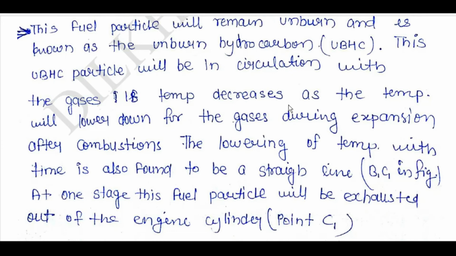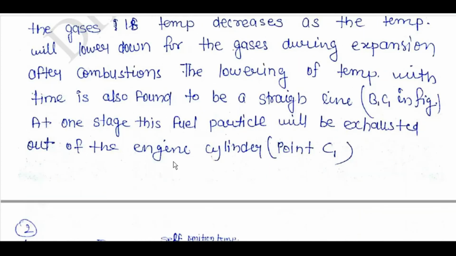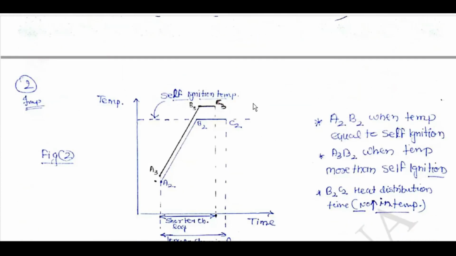Temperature decreases as the gases expand. After combustion, the lowering of temperature with time is also found to be a straight line. At one stage, this fuel particle will be exhausted out of the engine cylinder.